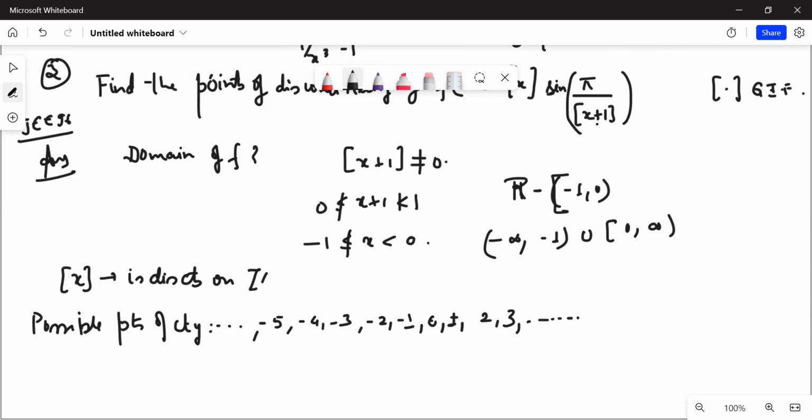So for the definition of this function, the domain of f should be all those x belonging to R such that x should not lie between -1 and 0. This is one thing that is very much clear. And these are the possible points of discontinuity for greatest integer of x. So greatest integer of x will not be defined if it lies between here to here, right?